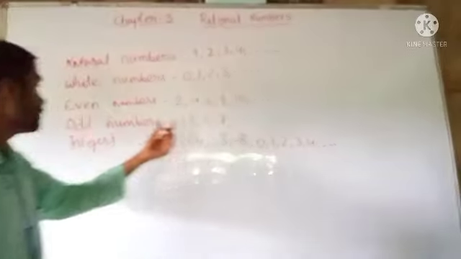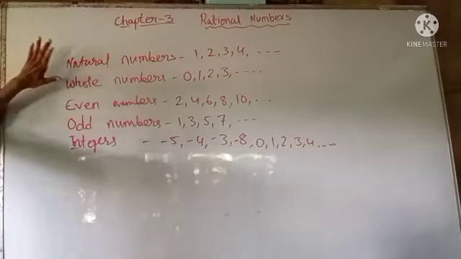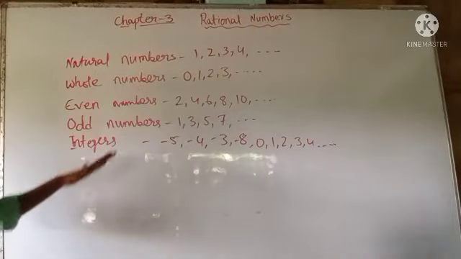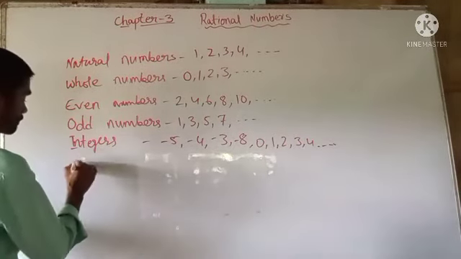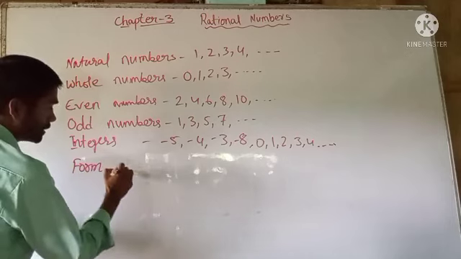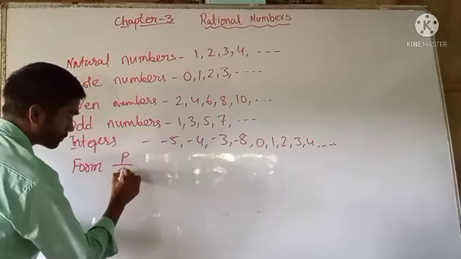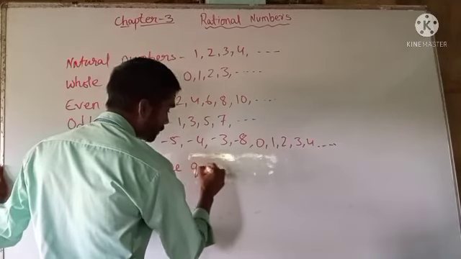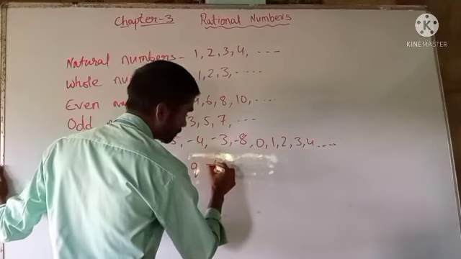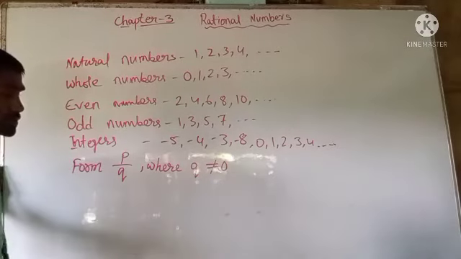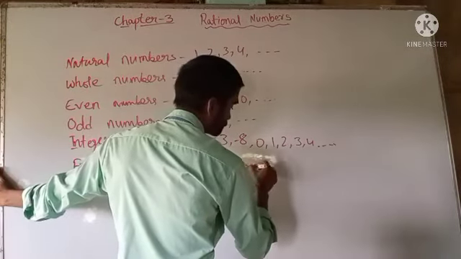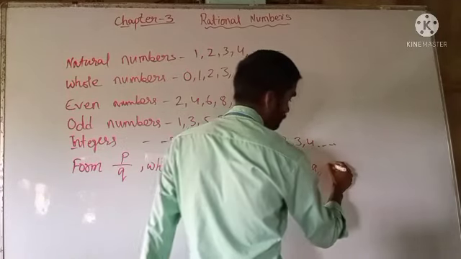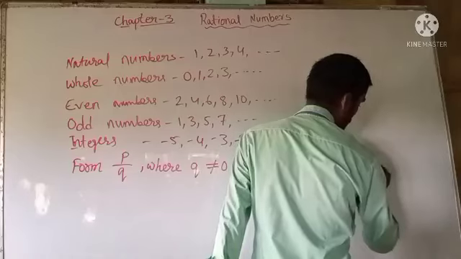Alright. Now, in this chapter we are going to learn about rational numbers. What are rational numbers? A rational number is of the form p by q, where q is not equal to 0 and p and q are integers.